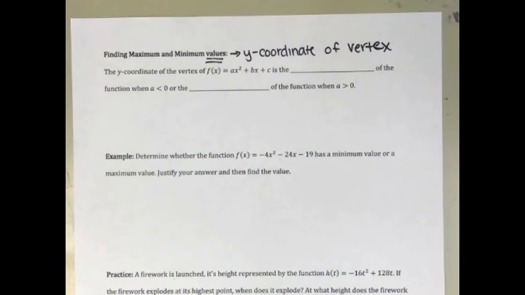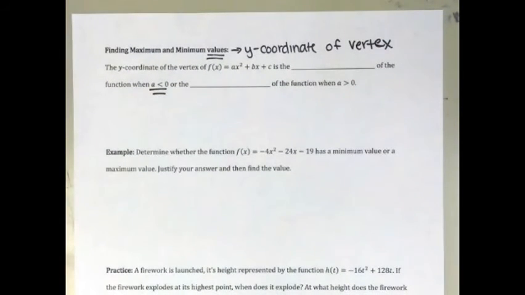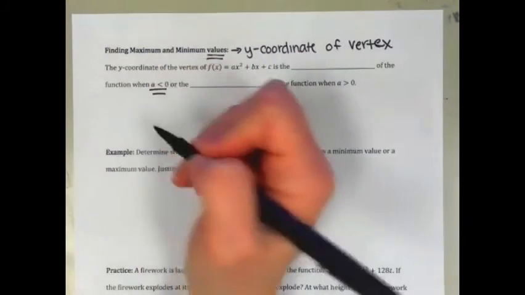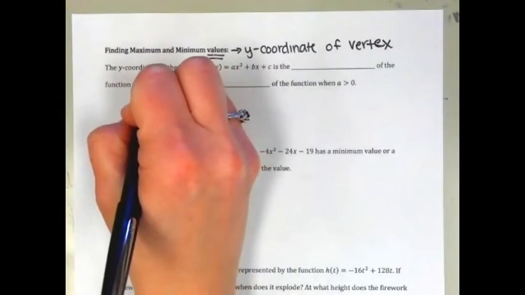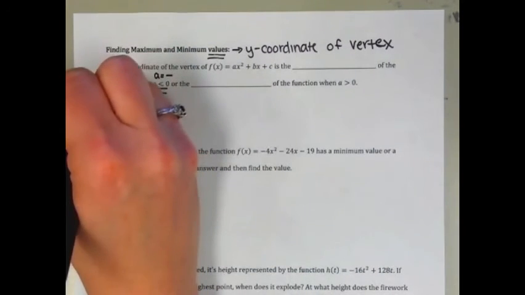Do we know when it's a max or a min? Okay. So the y coordinate of the vertex is the blank of the function when a is less than 0. When a is less than 0, does my graph open up or open down? A is less than 0, so what numbers are less than 0? Negative. So if a is negative, does it open up or down? It opens down, right?